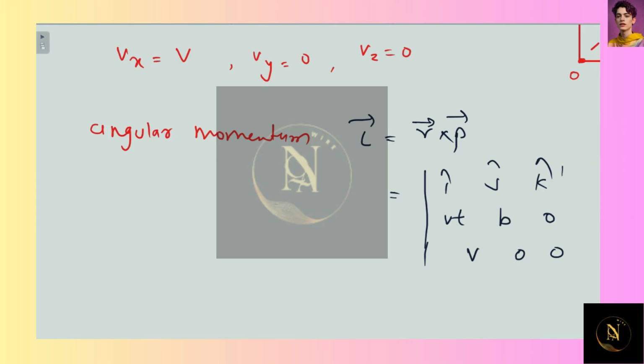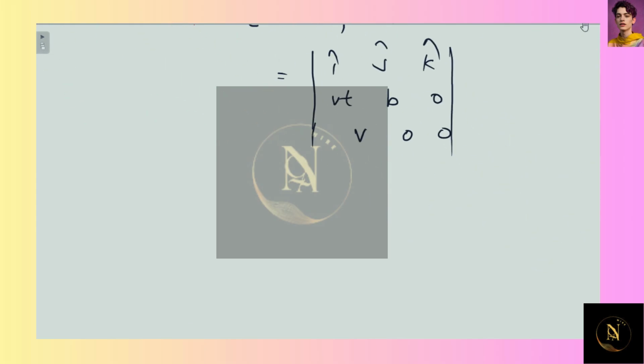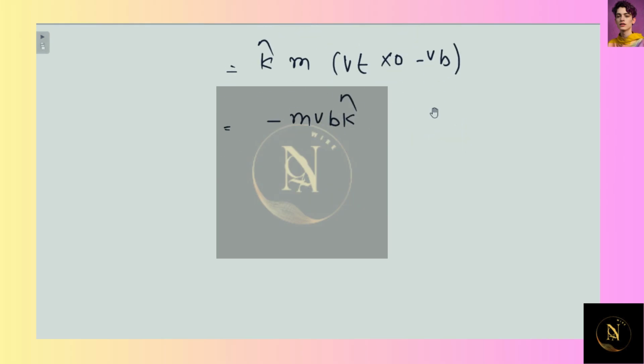Now I'm going to calculate the value of this determinant, and we will get k cap, here mass is also there, so k cap into m into vt into 0 minus vb. Finally we will get minus mvb into k cap. So this is the value of the angular momentum.